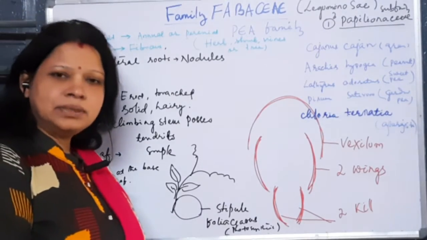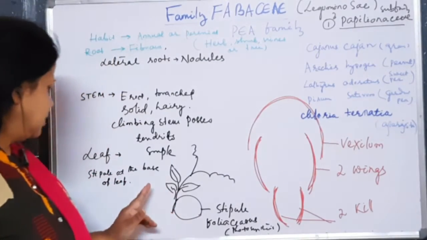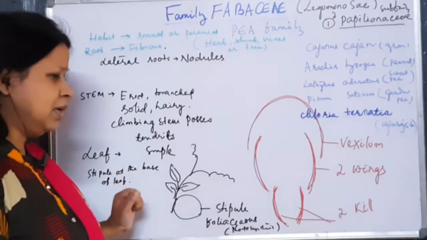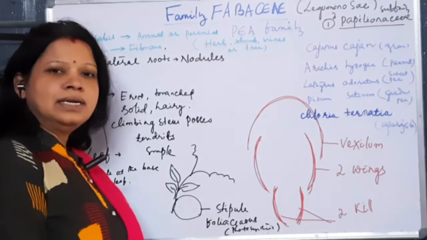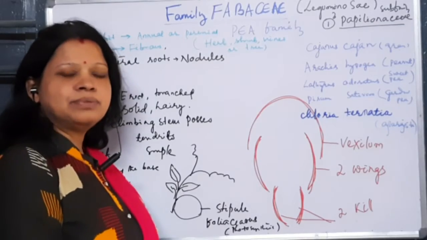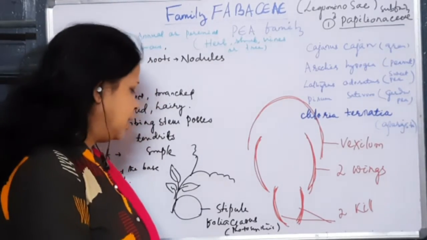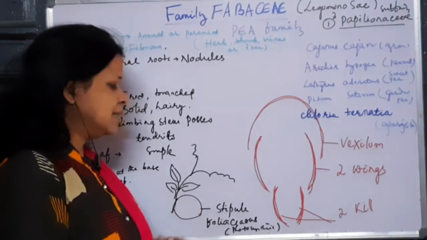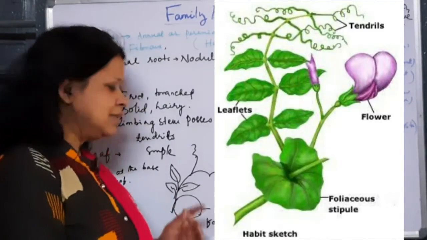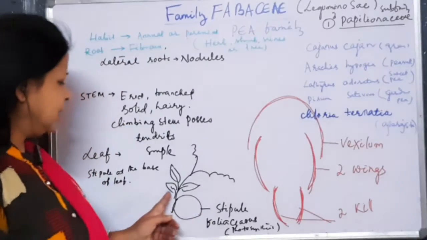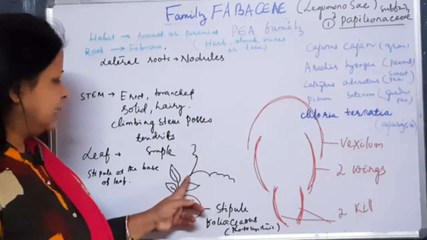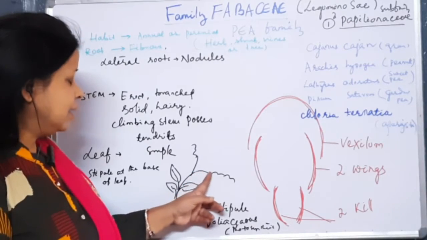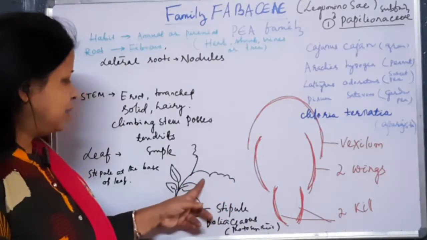And next comes to leaf. Leaves are simple, and in some leaves there is a stipule. Stipule is a greenish outgrowth which is present at the base of the leaf. But in this family, there is a foliaceous stipule. That means it is a large structure. You can see that these are the leaves, and the other leaflets are modified to tendrils.